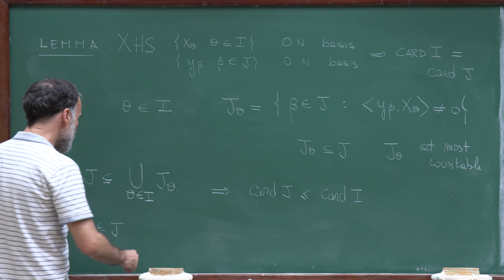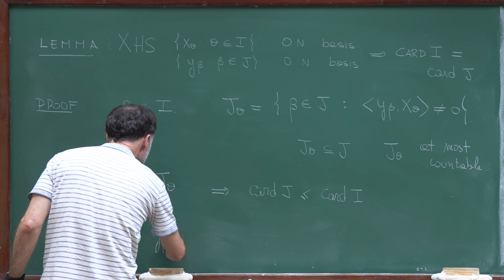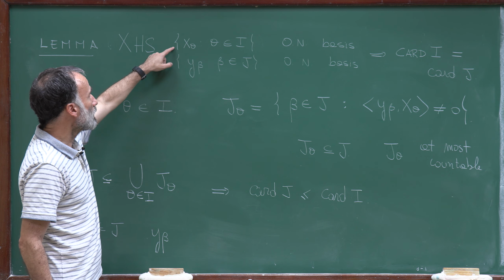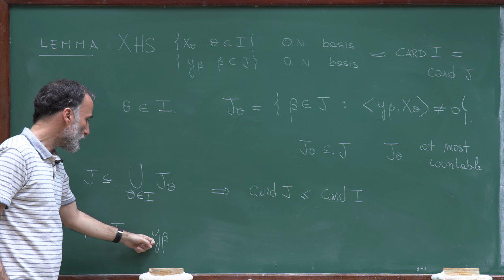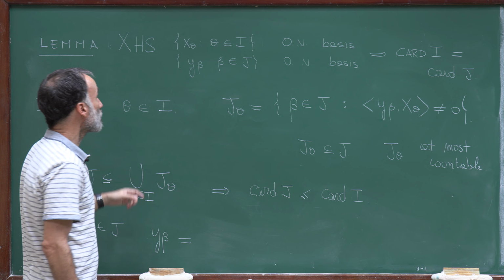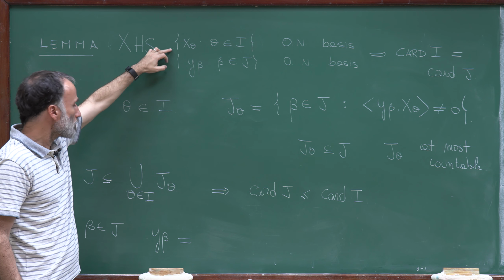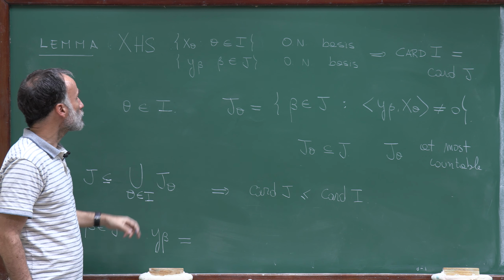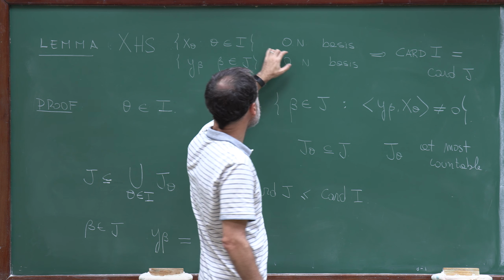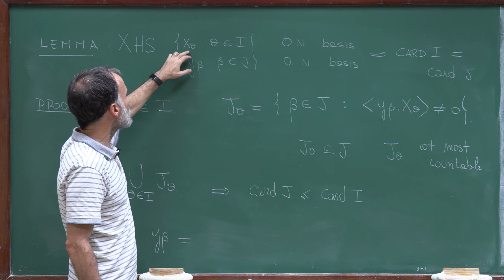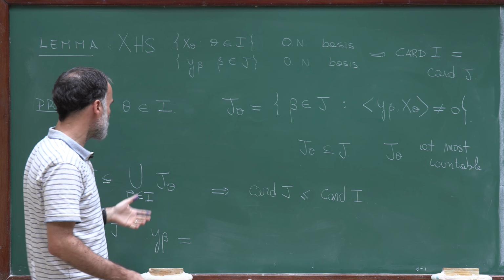Let's consider y_β. Since x_θ is a basis, y_β belongs to the closed linear span of x_θ. Remember that if a set is a basis, it means that its closed linear span is equal to the entire space.